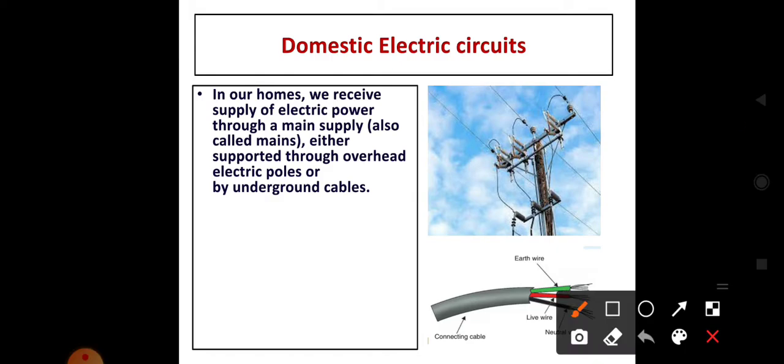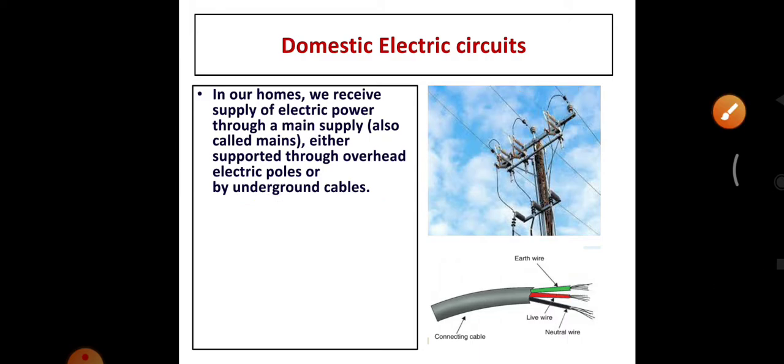So how are we getting the electric supply? We are getting it from the electric poles or underground cables. By these two methods we are getting electricity for our home.